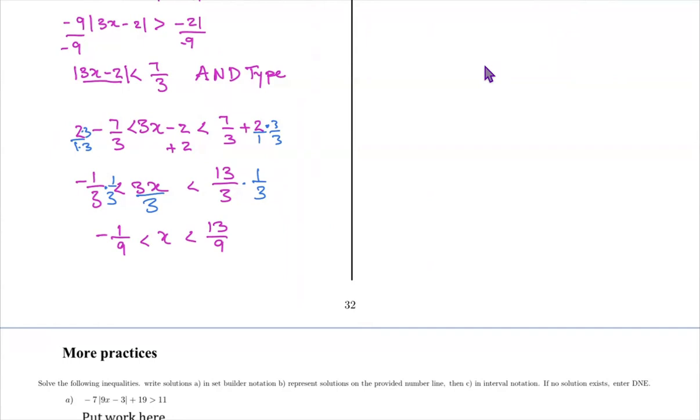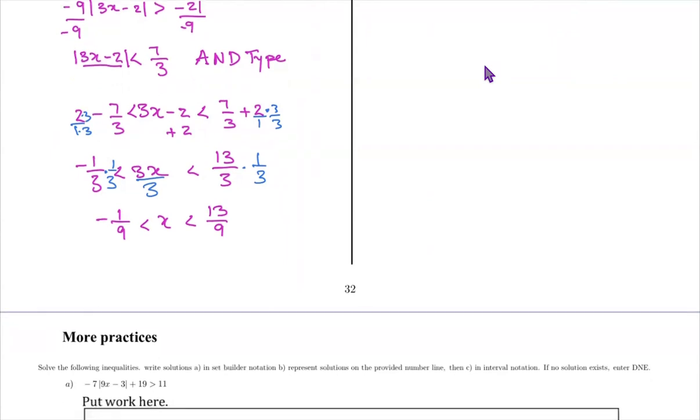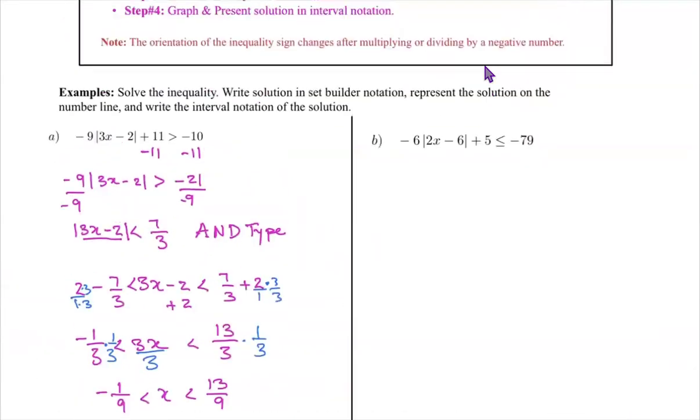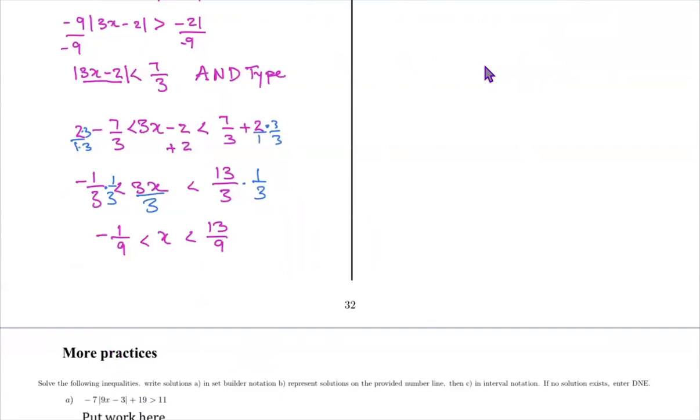So since it says to graph the solution, first the set builder. Set builder would be the set of x such that negative 1 over 9 less than x less than 13 over 9.